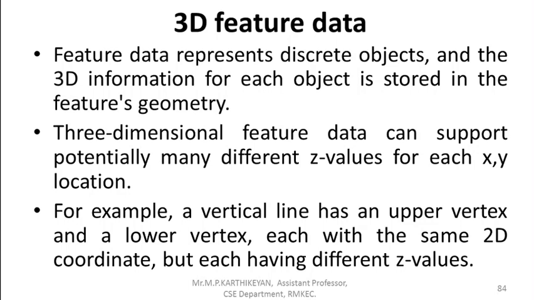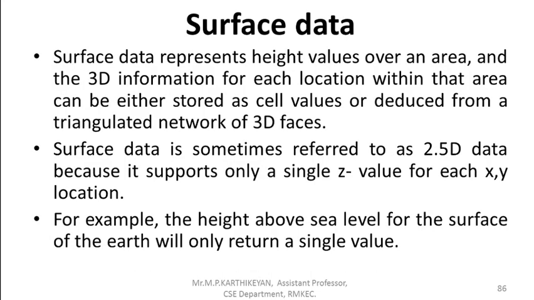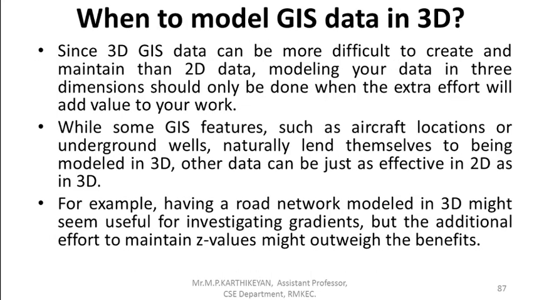A vertical line has an upper vertex and a lower vertex, each with the same two-dimensional coordinate only, but each having a different z value. Okay, so that creates a problem for us. So these are some important considerations when deciding to model your data in 3D. Okay, so what you can be doing is, this is a surface data. Yeah, this is when to model this data in 3D, right?